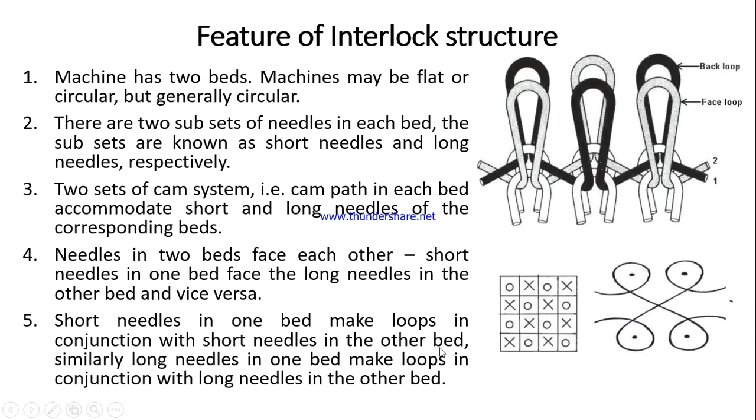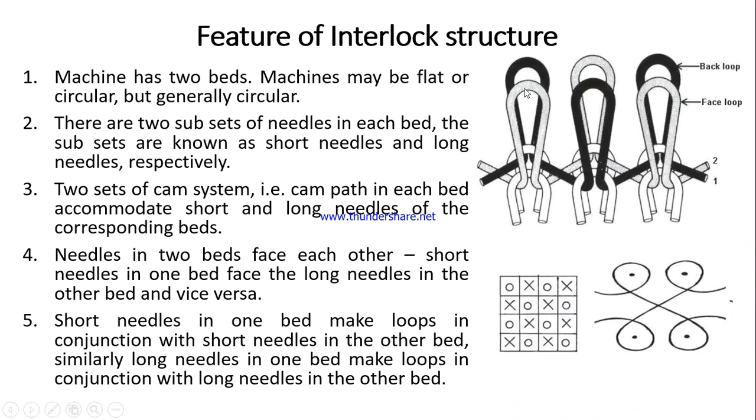That is also important to understand. Whereas the long needles in one bed make loops in conjunction with the long needles of the other bed. So these things you must know to understand how the interlock structure is made in an interlock knitting machine.